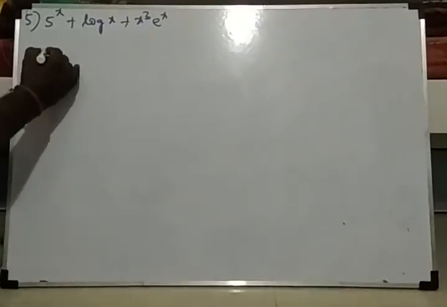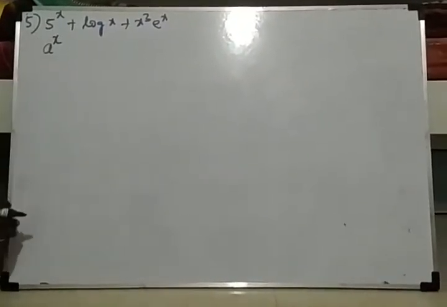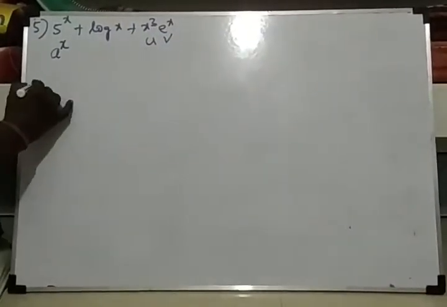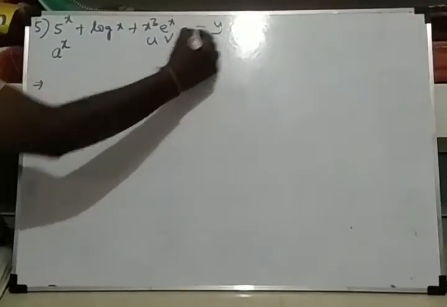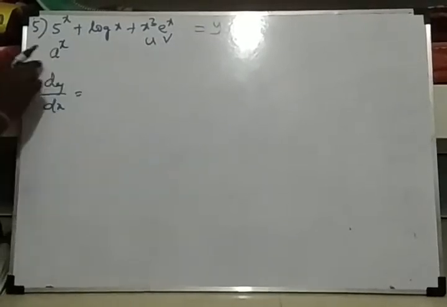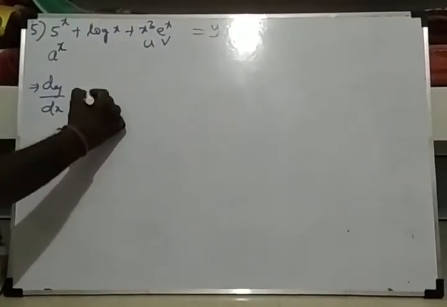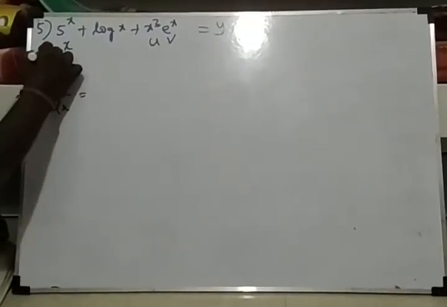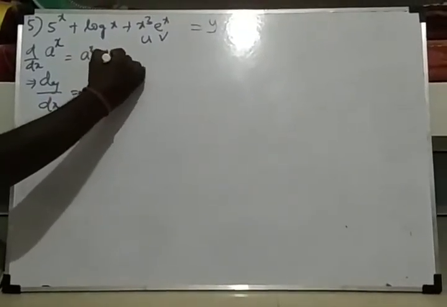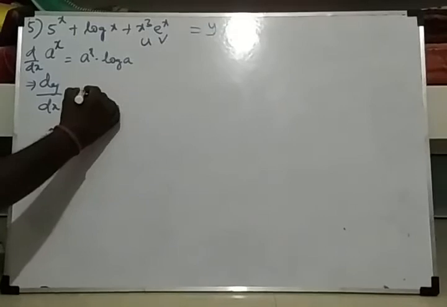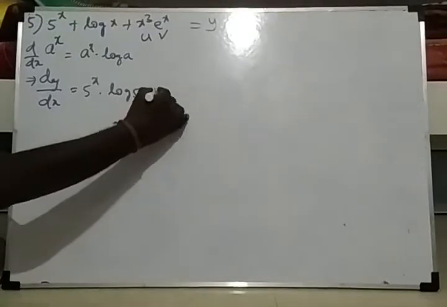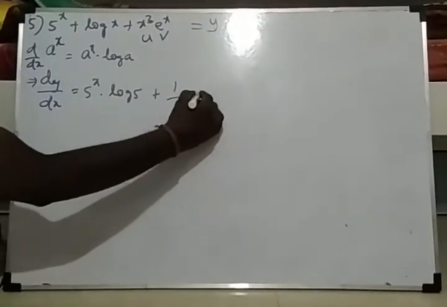So this is much simpler, which is in the form of a to the power of x log x, and then there is uv formula. So differentiation of a to the power of x is nothing but a to the power of x log a, that is 5 to the power of x log 5 here, plus 1 by x.